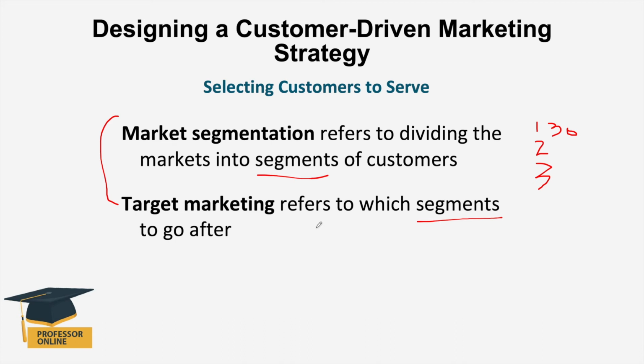Is it going to be female? Is it going to be male? What is going to be their age? Where are they located? How sensitive are they to the pricing of the product? All of these things come under target marketing. And once you target a market, you sell your product to that particular market because you feel that they will give you a more profitable relationship as compared to the other segment which you have selected before.